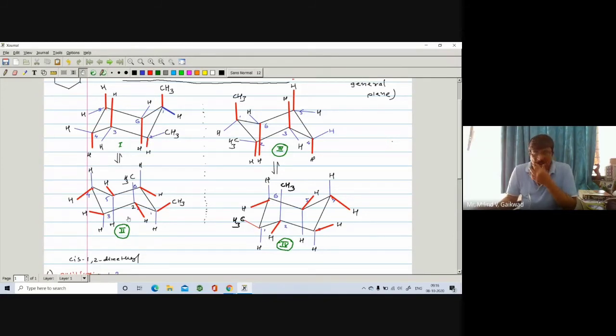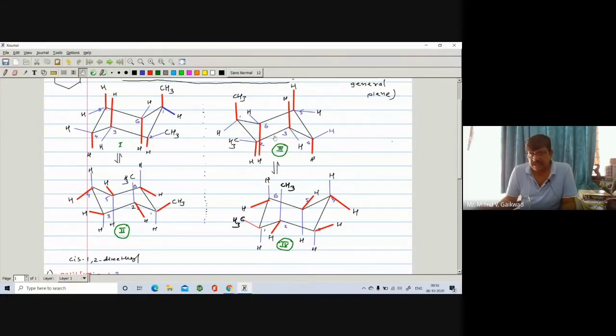So here you have seen 1 and 2nd are conformational isomers of each other. 1 and 3rd are mirror images of each other, and if you prepare a model, you will see they are non-superimposable mirror images. So the optical activity of 1 and 3rd is opposite. Why? Because they are enantiomers.